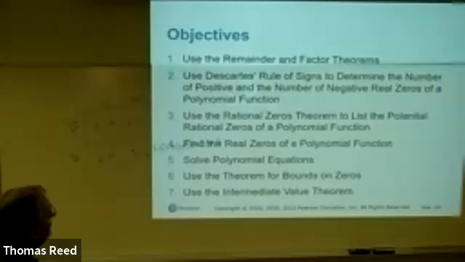If I find out we definitely have a positive zero, then I can start looking for that positive one and find the negative ones a little later. Or if I know there's a negative one, there are several different ways of dealing with it. And then we can use the rational zero theorem to list the potential rational zeros of a polynomial function.